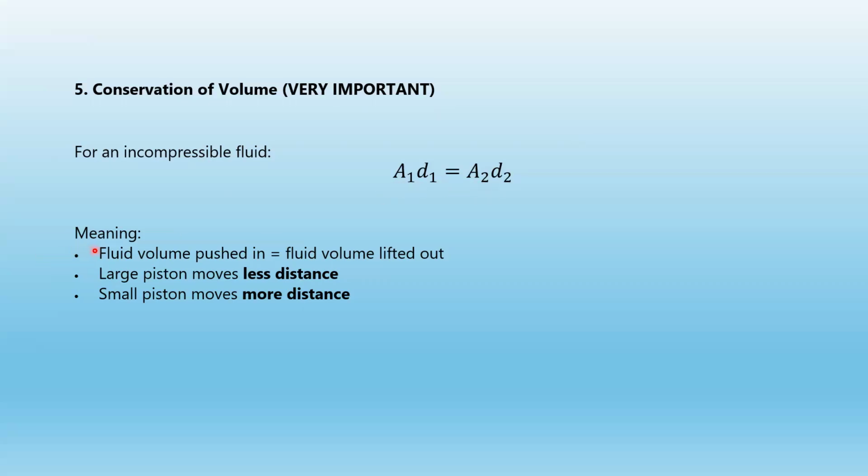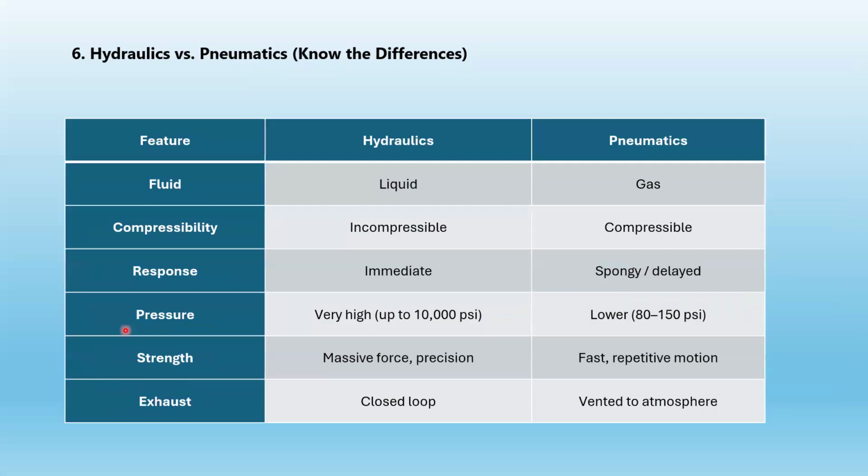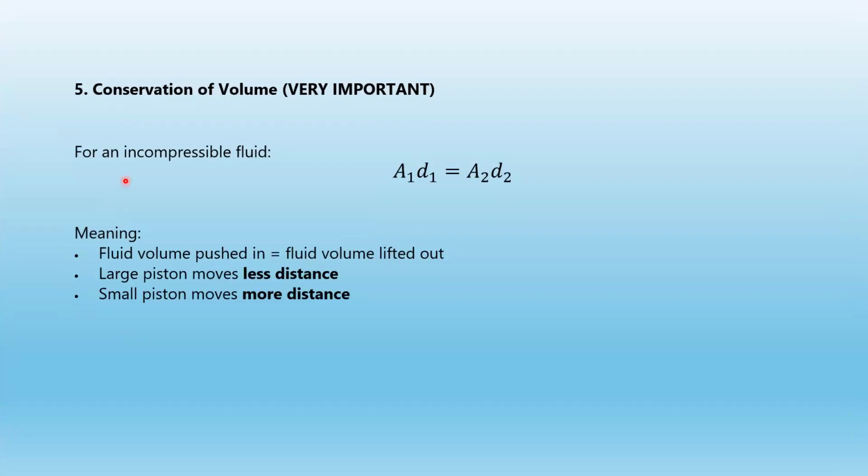It means that the fluid volume pushed in is equal to the fluid volume lifted out. However, if you have a large piston, then you're going to cover less distance upwards. If you have a smaller piston, then you're going to cover more distance. But it's going to be harder to push the big cylinder. It's easier to push the smaller one. So this is the conservation of volume.